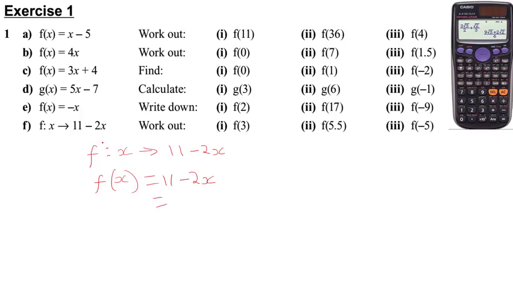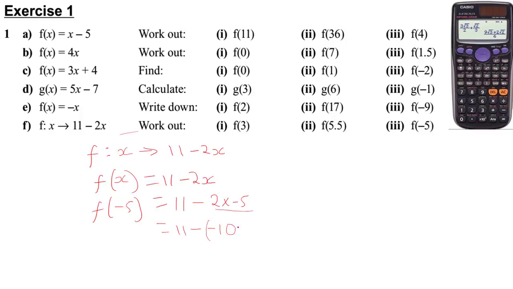Now that means that if x equals negative 5, we now say f bracket negative 5. And wherever x is, all we need to do is to sub it in. So 11 take away 2 times negative 5, because 2x means 2 times negative 5. And you can underline that and do it fast. Okay, so I've got 11 minus 2 times negative 5, which is negative 10.